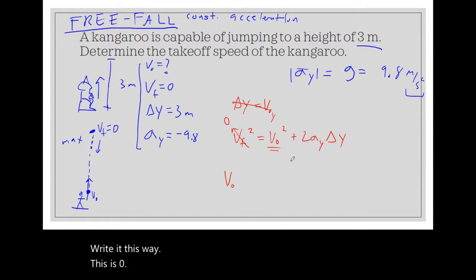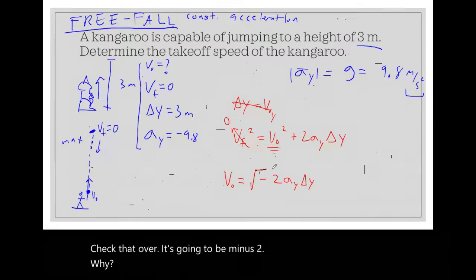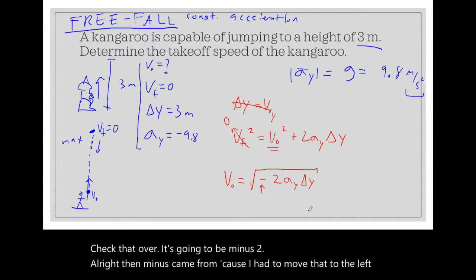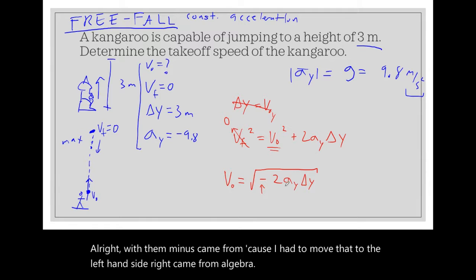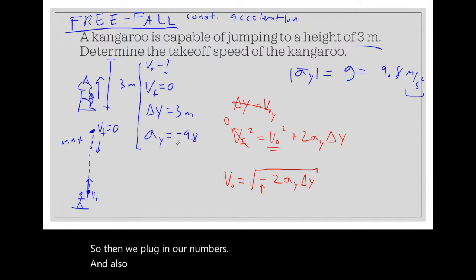So the initial velocity is, let's see, going to be the square root of, we subtract that over, minus 2a y delta y. That minus came from the algebra, because I had to move that to the left-hand side, right? So when we plug in our numbers, notice that this negative here is going to cancel out with that negative.